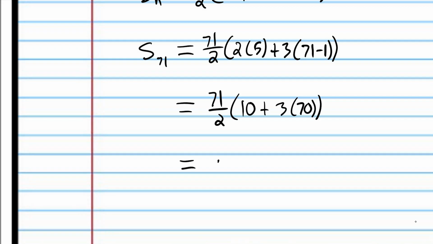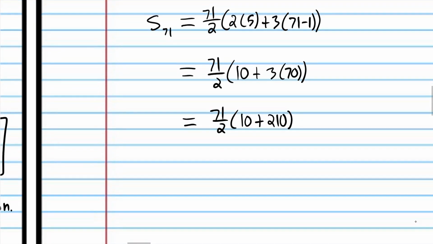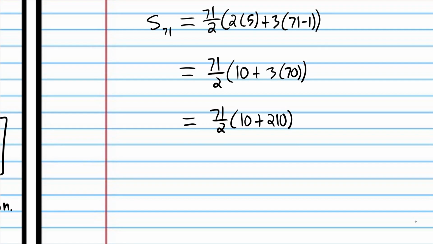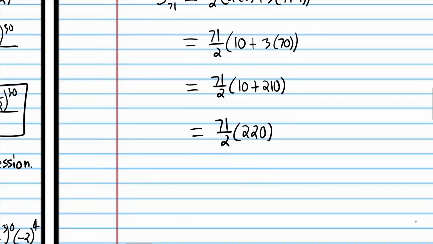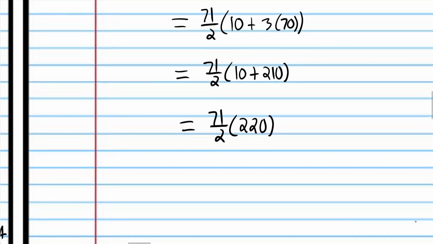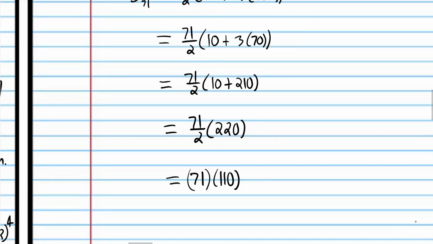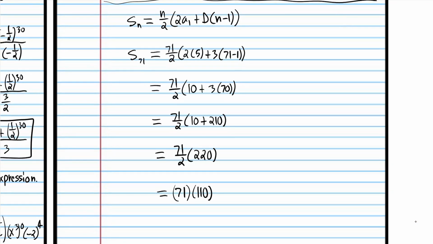You don't have to show the steps for this if you don't want, but we're just being thorough. So we have 10 plus 210, and that becomes 71 over 2 times 220. That becomes 71 times 110.